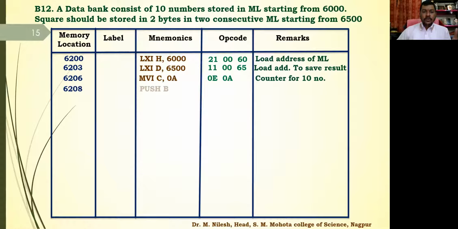So we have done PUSH B. Since this instruction is related to a register pair, the data of register pair BC is being stored in the stack for temporary purposes. I told you earlier, this is for a register pair. The opcode is C5, and we have stored it for some time.